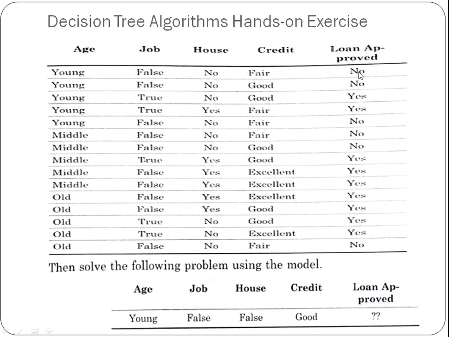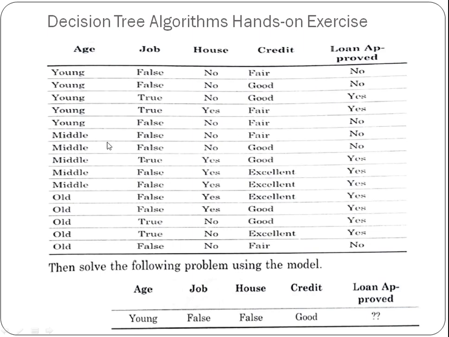For young, no, in this case it worked fine. Again, next record, young, no, it worked fine. Young, false, it failed here. So this is the error. Next, young, again yes, the rule failed here, 2 errors. Then young, no, the rule worked. So out of 5 instances I have 2 errors, so I will put the error as 2 divided by 5.